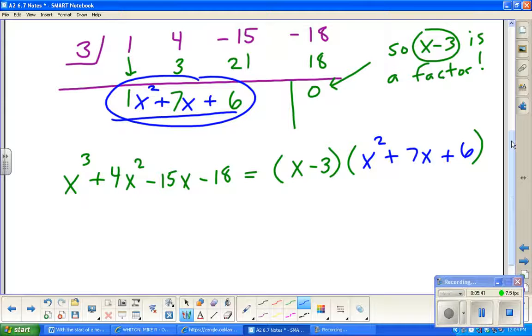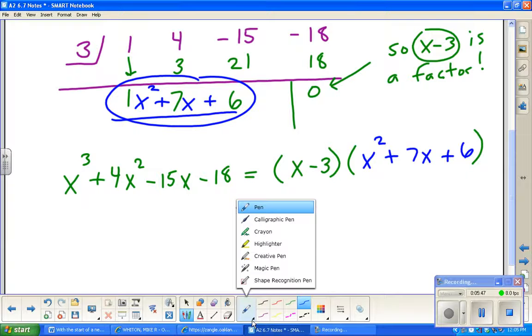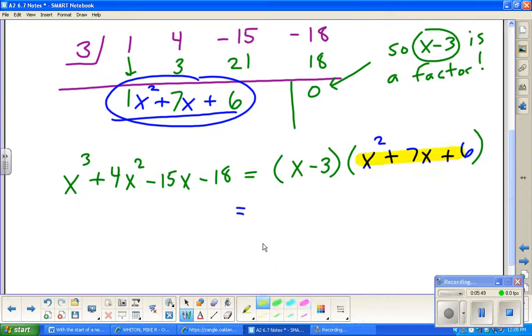And now can we factor anything else? Of those two factors that we have, can this guy be factored? A little bit farther. Can we break it down more? Old stuff: x squared plus 7x plus 6. It can be done. x plus 6, x plus 1, right?